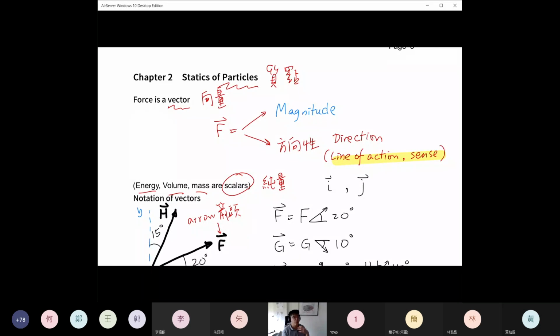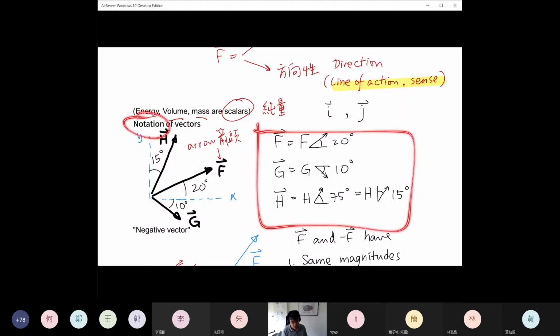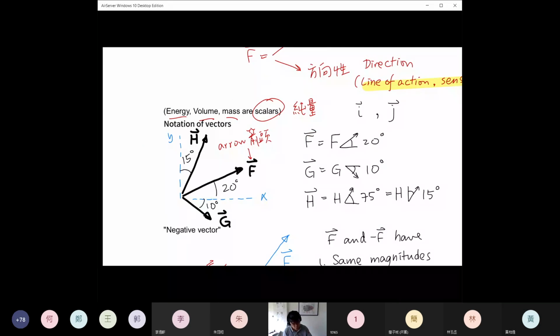But in this book, we call it line of action and sense. Line of action and sense, but in general, it means direction. I also talked about how to mark these vectors, how to write these vectors down. Notation only means how I should write this.